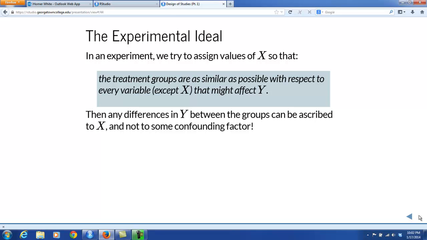Because if that were so, then any differences in Y that we see between the groups could be ascribed to X and not to some confounding factor.